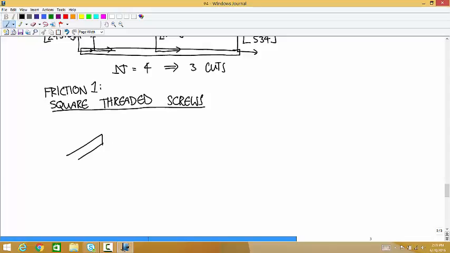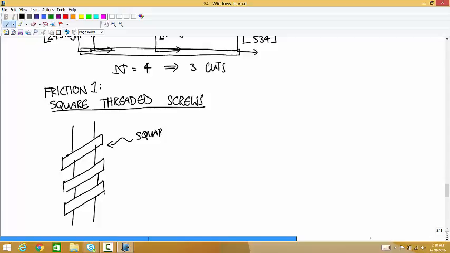Okay, so here is a square threaded screw. And that is distinguished from this, a thread that's not square.